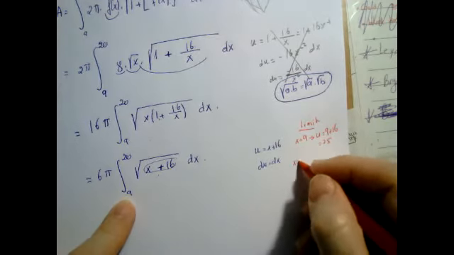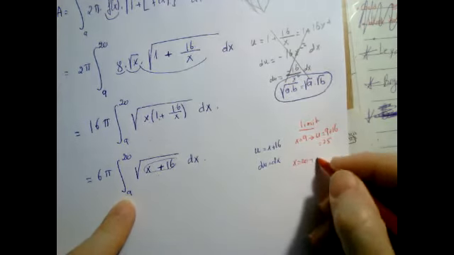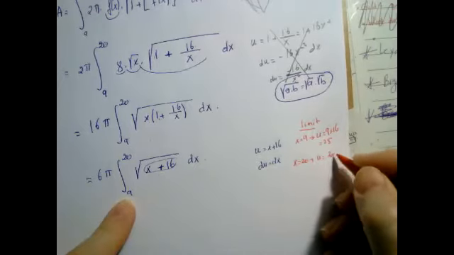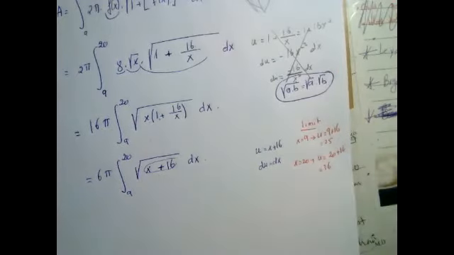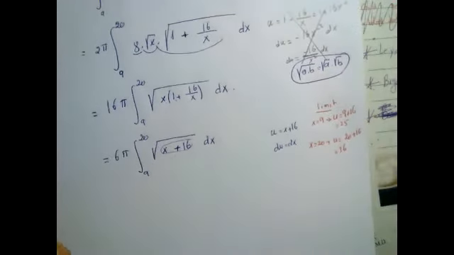And if x is 20, you will give me 20 plus 16, which is the 36. And this will transform my integral into the following integral in u.